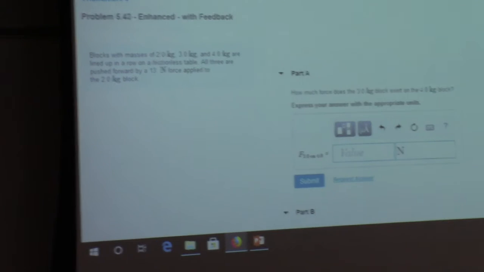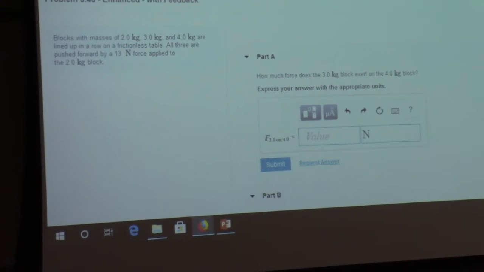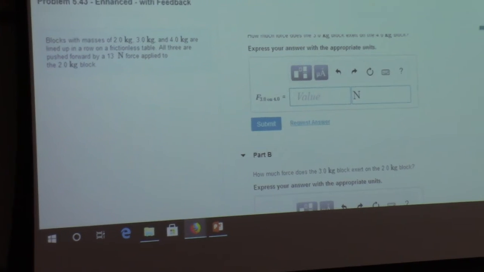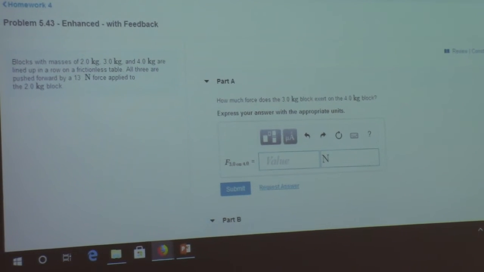Okay, so blocks of 2, 3, and 4 kilograms are lined up in a row. All 3 are pushed forward by a 3 Newton force applied to the 2 kilogram block. How much force does the 3 exert on the 4? Okay, let's take a look at it.